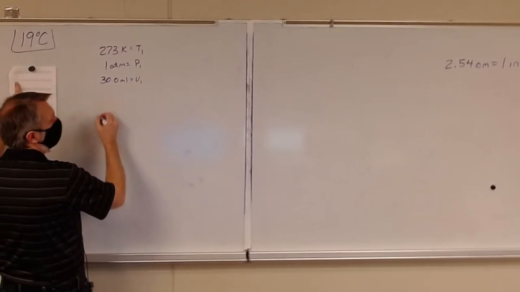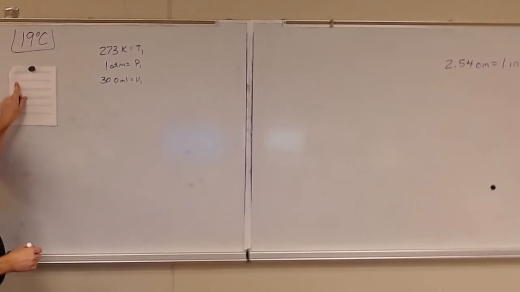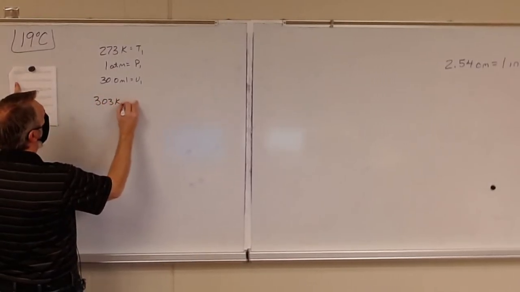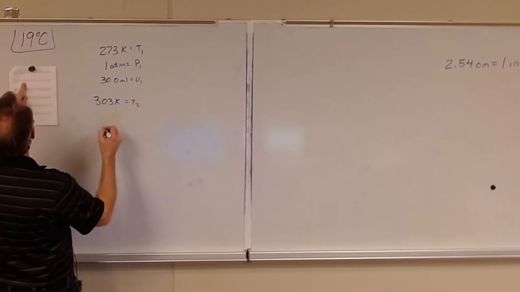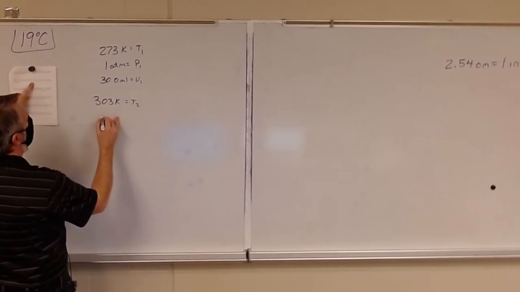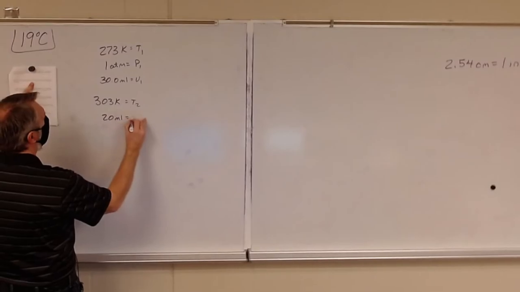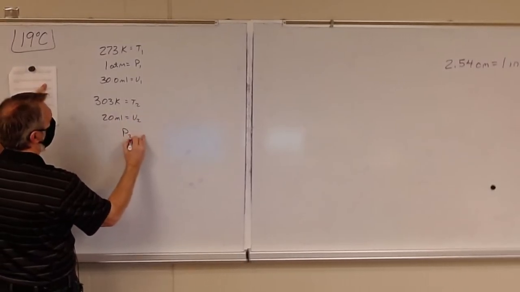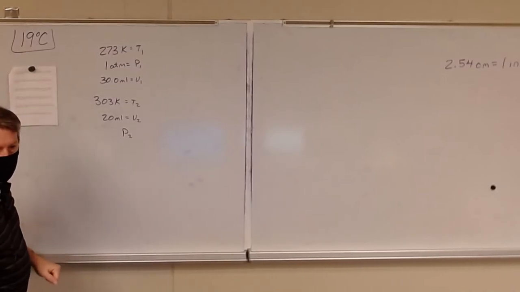Temperature increases to 30 degrees. That means it's going to be what in Kelvin? 303 Kelvin is T2. And the sample is transferred to a 20 milliliter container. That's V2. What will the pressure be? So I'm looking for P2.